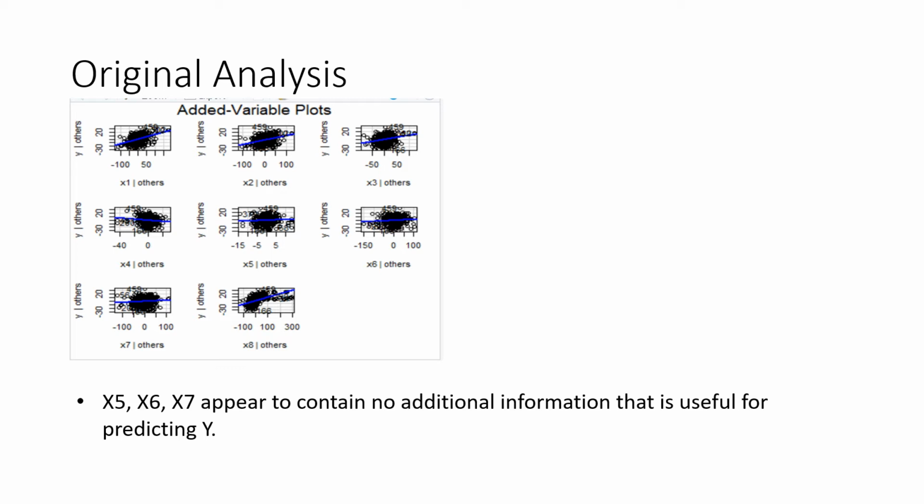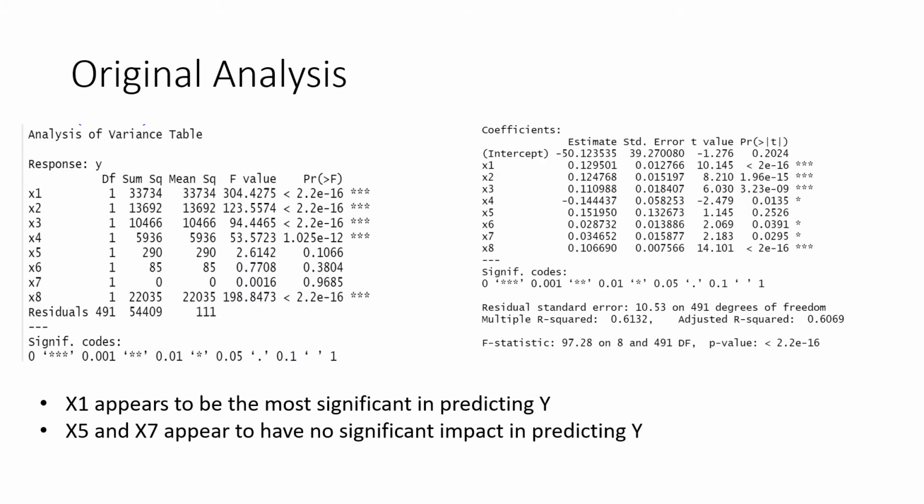Next, I used an added variable plot to test if any of these explanatory variables were unneeded in any way to predict Y. Through these plots, I found that X5, X6, and X7 appear to contain no additional information that is useful for predicting Y. And finally, I produced a type 1 ANOVA table and summary.